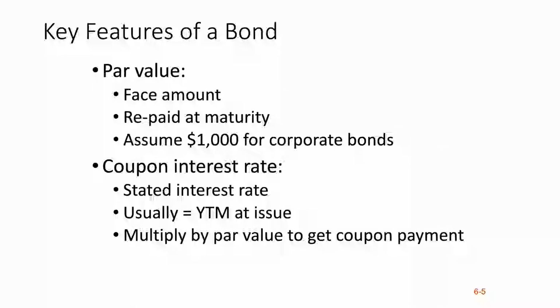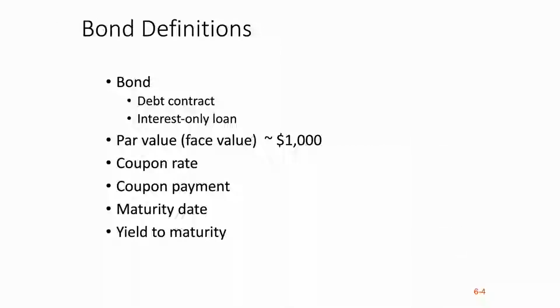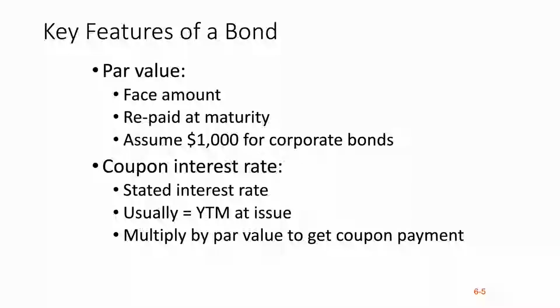Now, the face value, as we're assuming, is $1,000 for a corporate bond. It will be repaid at maturity. You need to pay off the loan at the very end, a lump sum payment of $1,000.